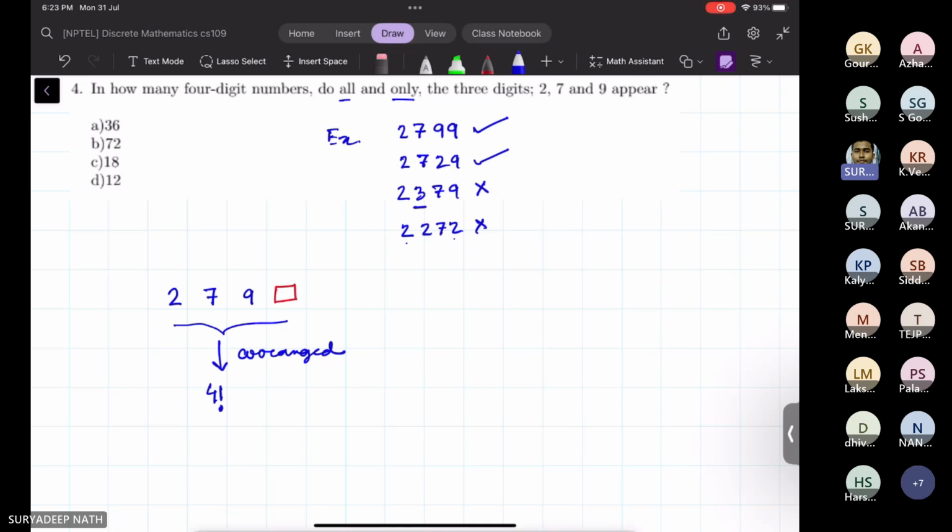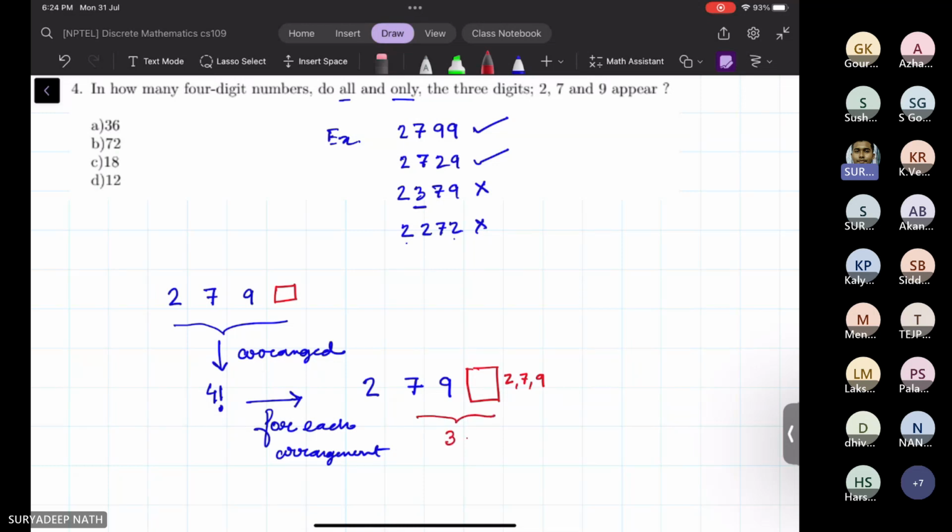Now for each arrangement, you can fill this slot, and this slot that we have, we can fill it with 2, we can fill it with 7, we can fill it with 9. So you have 3 choices.